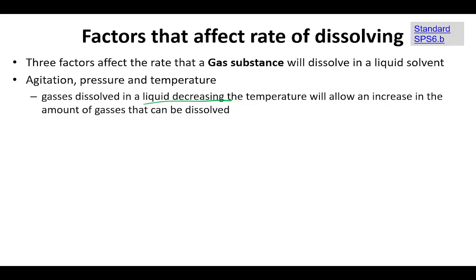So if you decrease the temperature of your solvent, you can dissolve more gas, your solute, into the solution. Colder mixtures will allow you to put more gas in it. It will retain the gas at a higher rate.